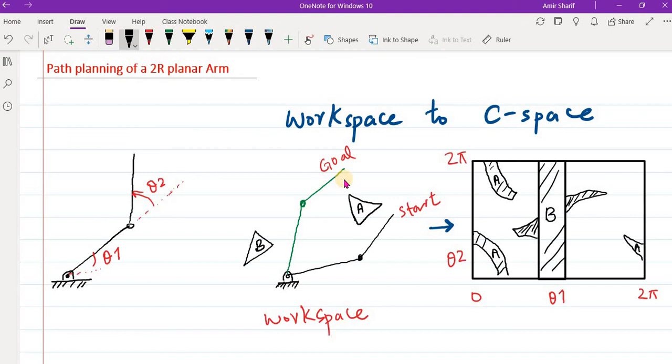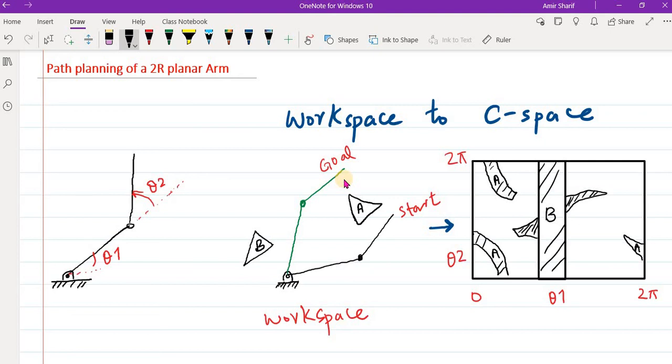So actually the collision happens for certain values of theta 1. Even if theta 1 is less than 90, and theta 2 is also somewhere, let's say, 90 degrees, then there is a chance that it will collide with obstacle B. So we include this region also, and the same is true after your theta 1 is more than 180 degrees.